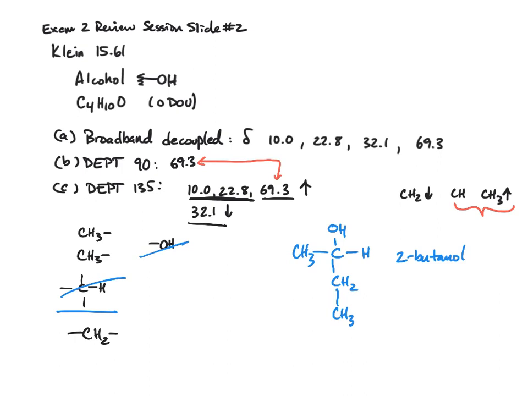For the test, do we need to be able to look at that and tell, or know that it's the 2-butanol? In terms of what exact question are you asking? Do we need to know the name? Not for this exam, but I think you could figure that out.